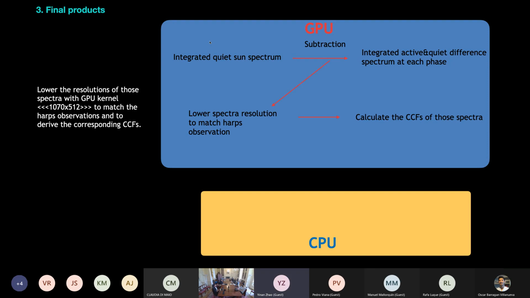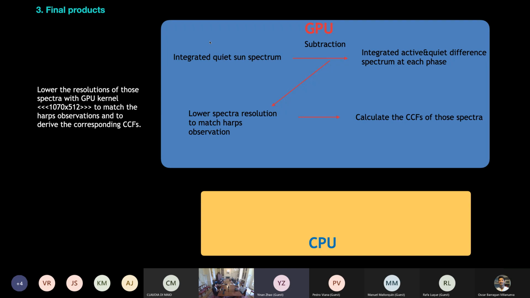Since most of the simulation we run here is the high resolution simulation from the FTS spectrum, in order to compare with the SOAP, in order to compare with the HARPS observations, we need to lower the spectral resolution to match the HARPS observations. So here we're still using the GPU to do the convolution to lower the resolution of the high resolution spectrum we simulated.